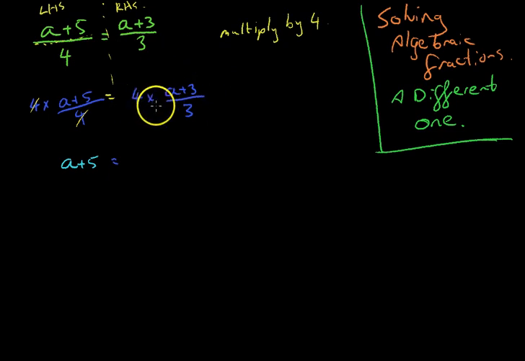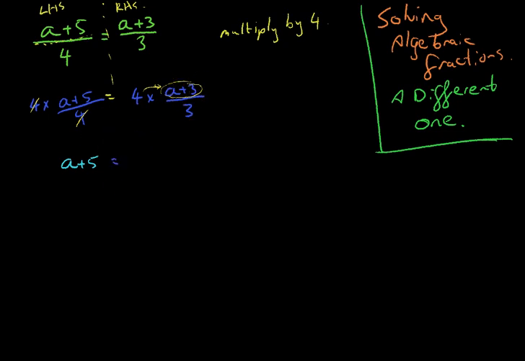It says 4 times A plus 3 divided by 3. Now, you should remember that if you've got a fraction and you're trying to multiply it by a whole number, you just need to multiply the top of the fraction. You need to multiply the whole top of the fraction by the integer, not the bottom of the fraction.